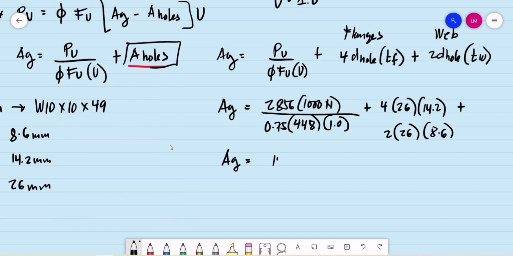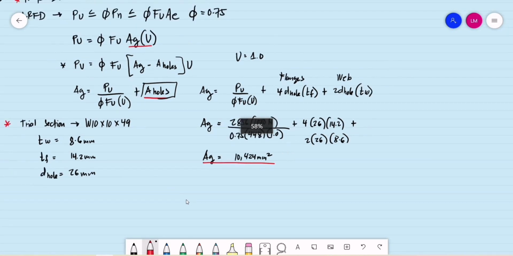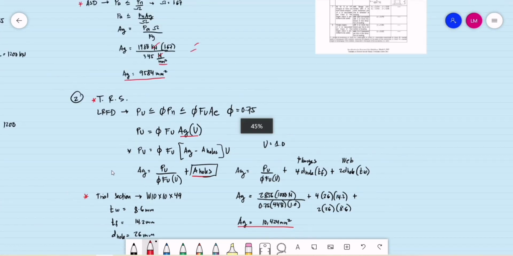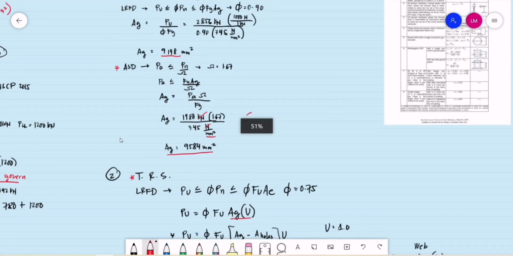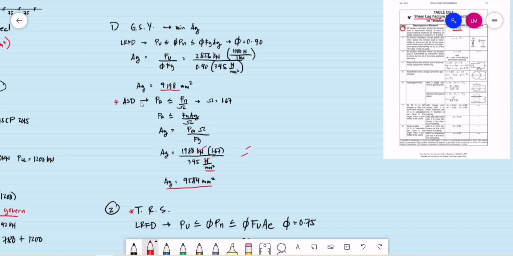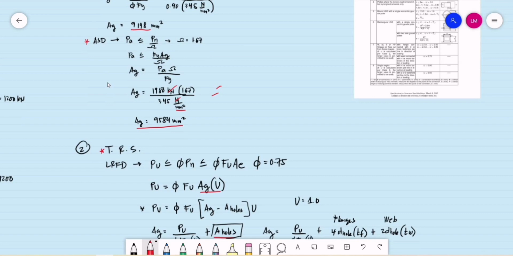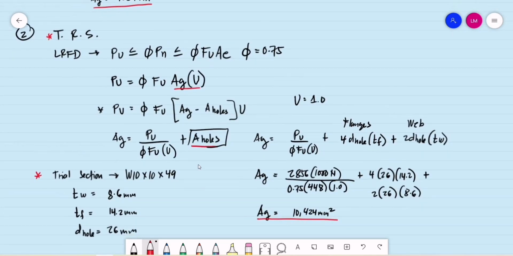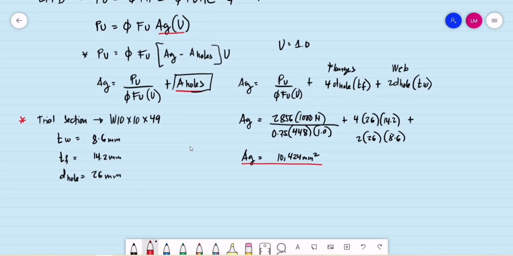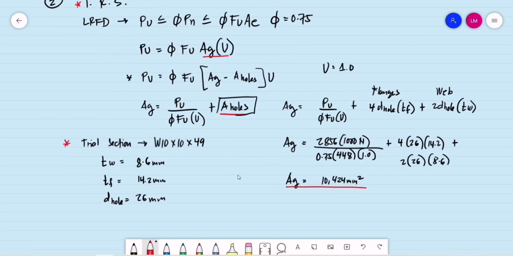That is, our required area is 10,424 square millimeters. So if we base it on both TRS and GSY, we can tell that we are neglecting GSY already, since it is smaller compared to the required gross area under TRS. This is the required area under TRS.